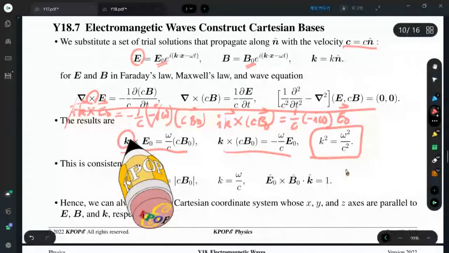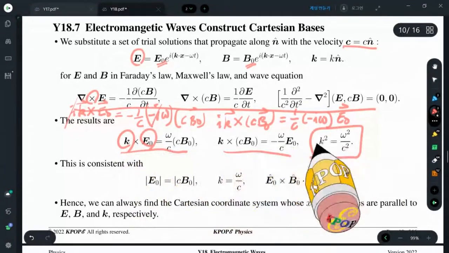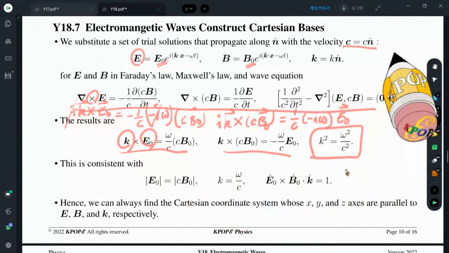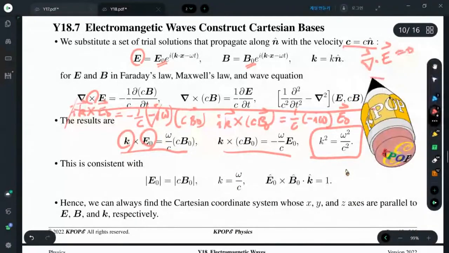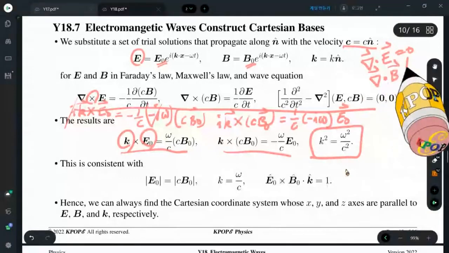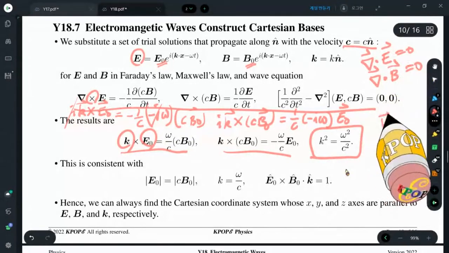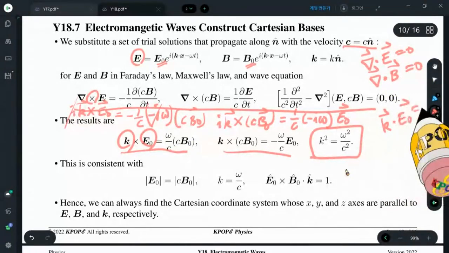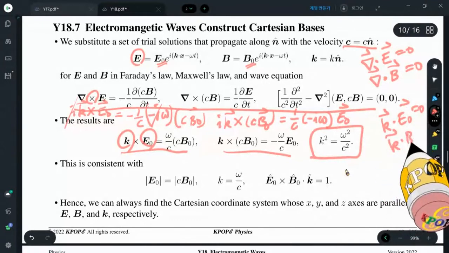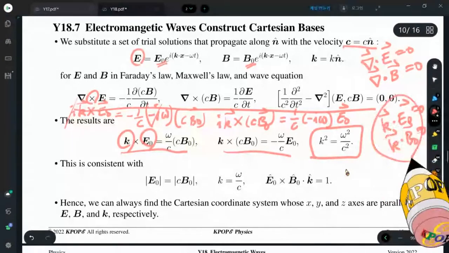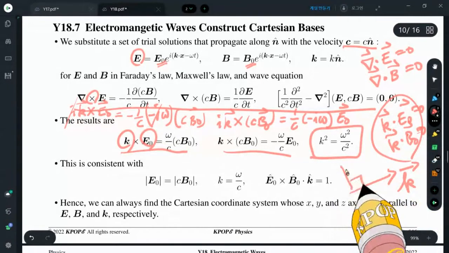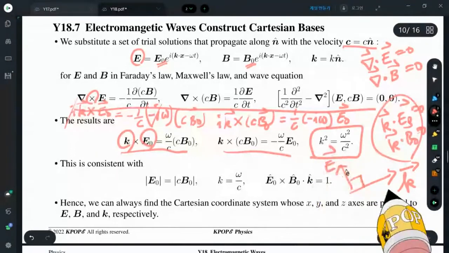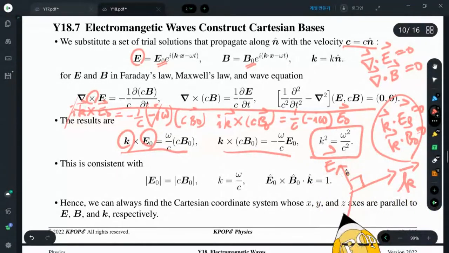In addition, these are triple scalar products. First of all, we remember divergence of E equals 0 and divergence of B equals 0. Therefore, k dot E0 should be 0 and k dot B0 should be 0. From here, we find that the wave vector k is perpendicular to the electric field, and k is also perpendicular to the magnetic field.